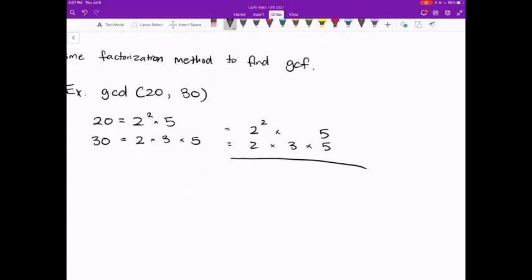Then, as David said, we take the lowest exponent. All the numbers by themselves are just to the power of 1. So let's look at the base of 2. We take the lowest exponent, which is 1. Then we take 3 to the power of 0. Then we take 5 to the power of 1, which gives us 10, which would be the greatest common factor.